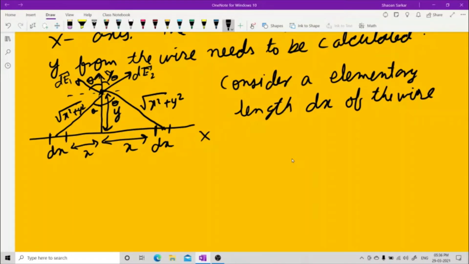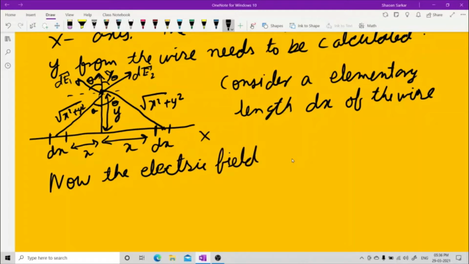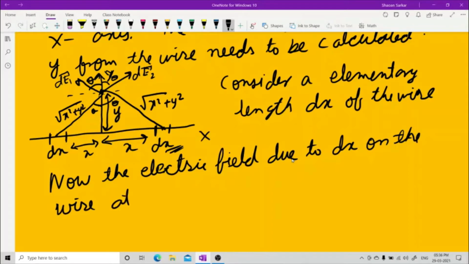Now the electric field due to dx on the right side of the wire, that is this side, at point P, this is the point P, is dE1 vector.